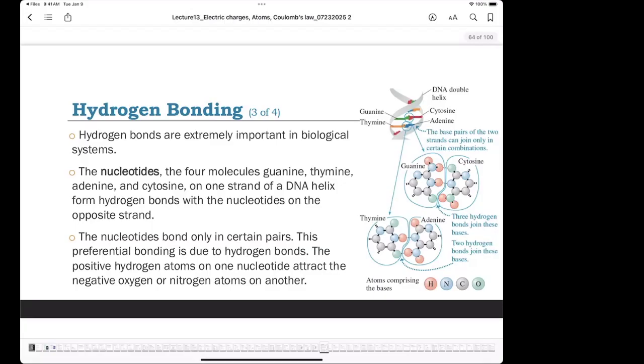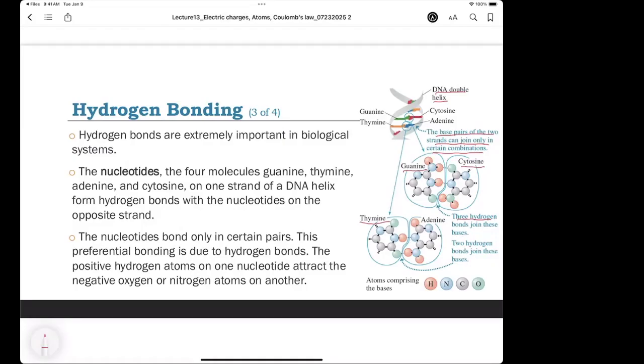Hydrogen bonding is very important in biological systems. Here is a DNA double helix chain. The base pairs of the two strands can join only in certain combinations. Three hydrogen bonds join guanine and cytosine, and two hydrogen bonds join thymine and adenine.